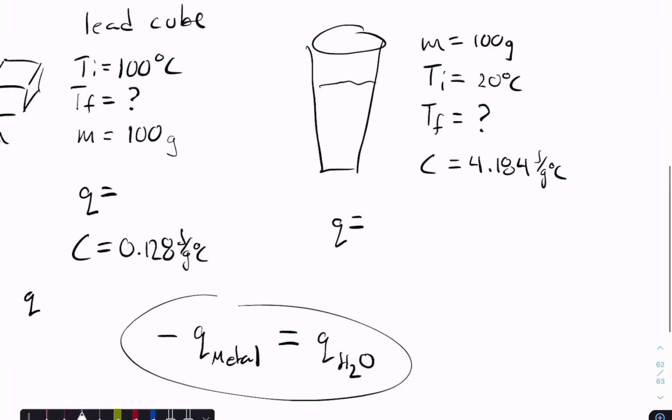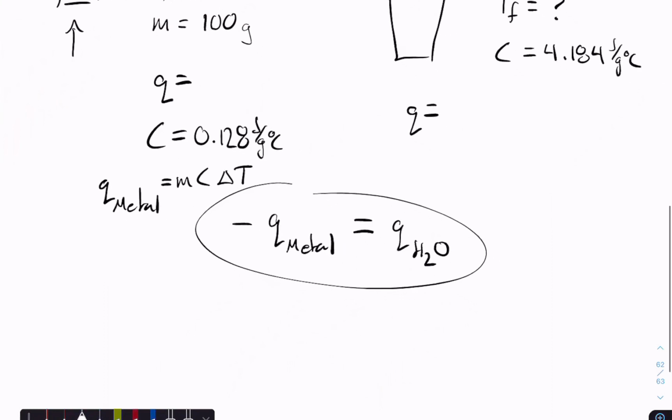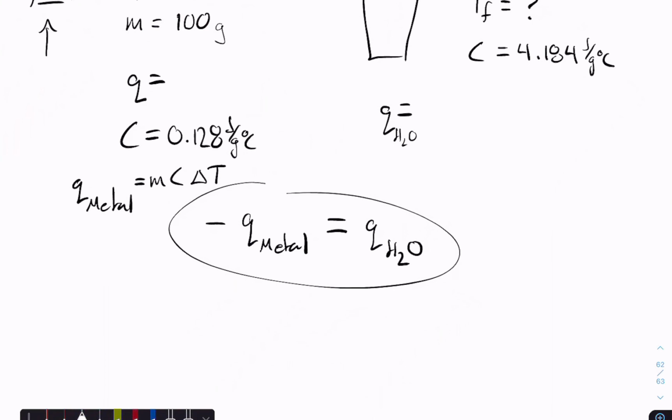So Q metal is going to be equal to the mass of the metal times C times the change in temperature, but we don't know what that final temperature is. And then Q for the water is going to be the same, but it's now the mass of the water, C for the water, and the change in temperature for the water.